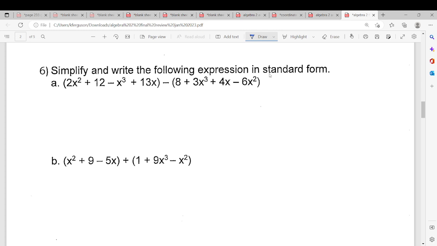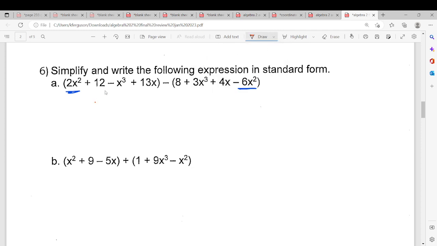Simplify and write the expression in standard form. So I add my like terms, and then after I add my like terms, I'm ordering the expression from highest exponent to lowest, or standard form. So I've got, let's see, x squareds. I've got, come on, you make me look bad.